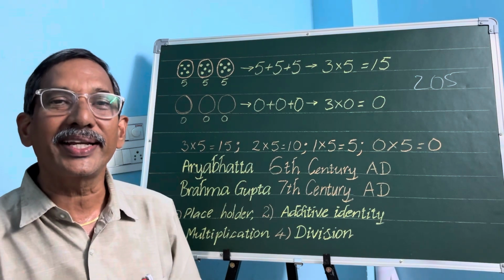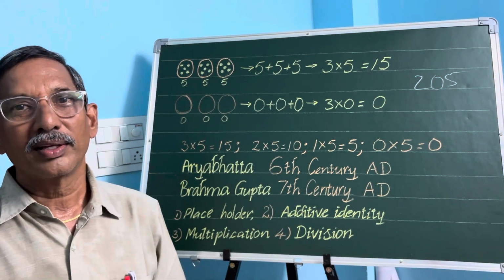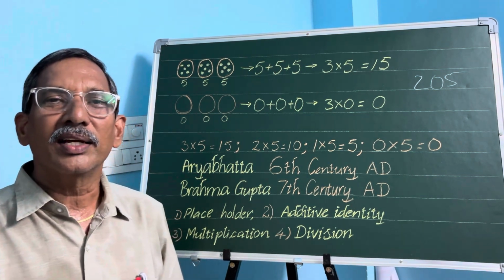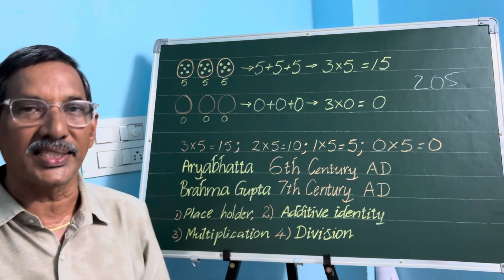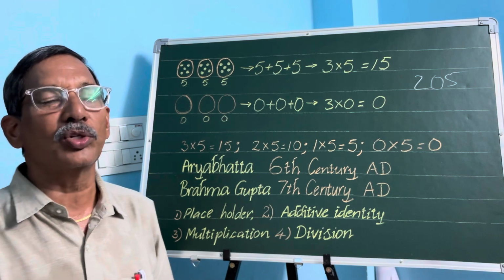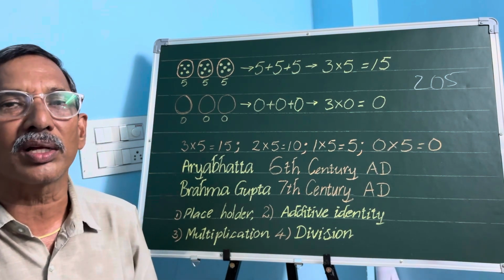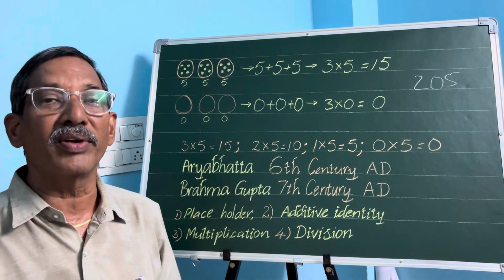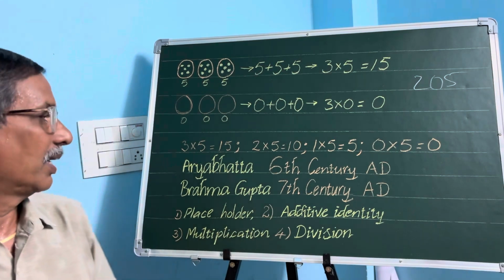You cannot write 10 without a 0. You cannot write 100. So 0 is very important in mathematics. Until the scientists found and used 0 in mathematics, mathematics was not a complete science. So 0 has a very important role. So it is a placeholder, right?